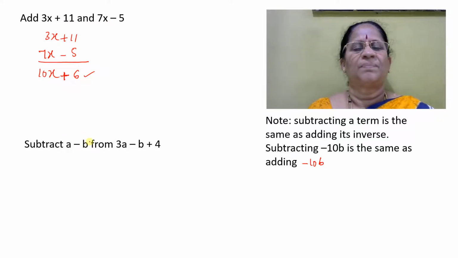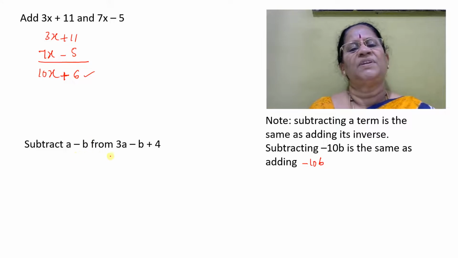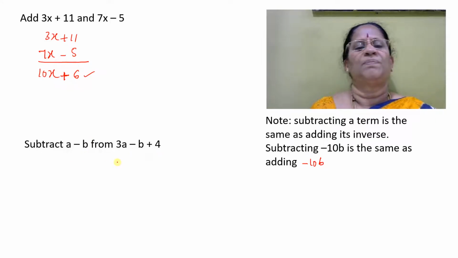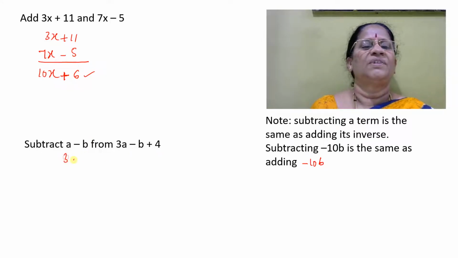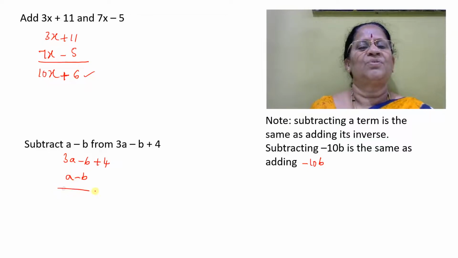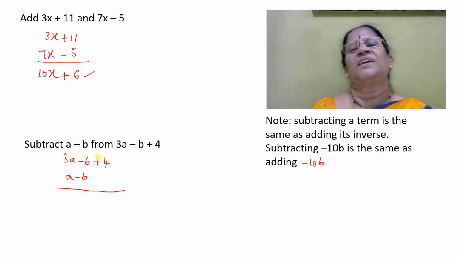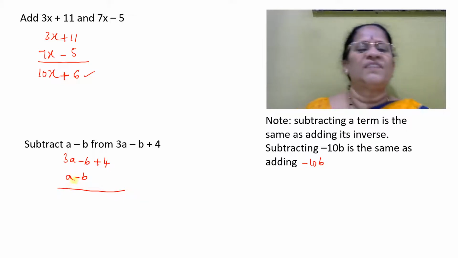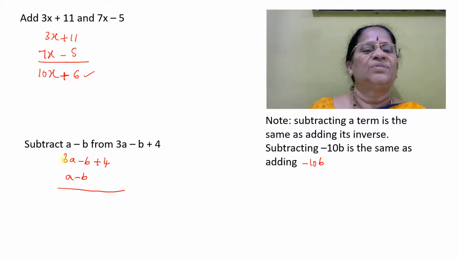Now let us subtract a minus b from 3a minus b plus 4. We have 3a minus b plus 4. Now we need to subtract a minus b. So while subtracting, you have to change the sign of the subtrahend. A minus b is the subtrahend.